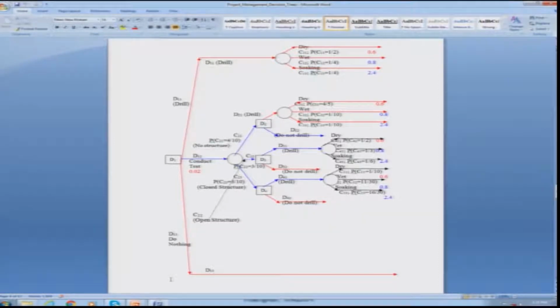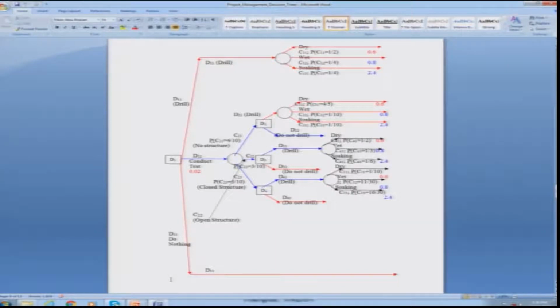Then you followed it, taking your decision for the third set of decisions related to whether it is dry, wet and soaking, the drill effect, where you find the least amount of oil to the maximum amount of oil, going from dry structure to wet structure to soaking structure. If you start going to the left toward the final answer, where you initially start, these red values, as I am again repeating, are the ones which cannot be taken, and the blue ones are the ones which could definitely be taken.